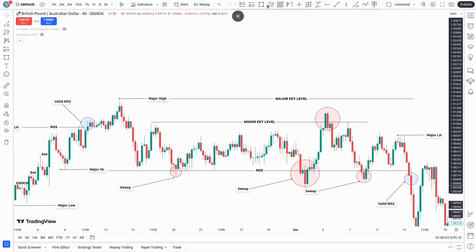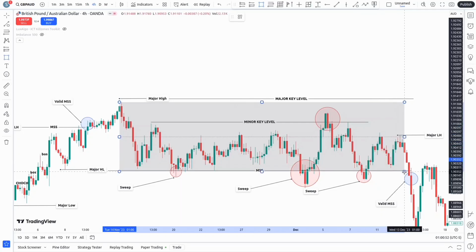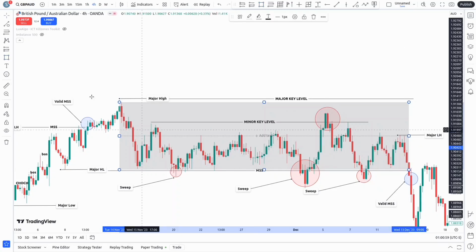What is happening here, with all these things that happen up to this point, if you look at it very well, is that we are in a range. It is very important to understand when the market is ranging so that you can position yourself to know what to do.